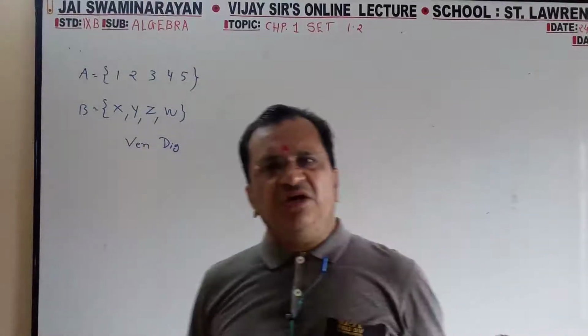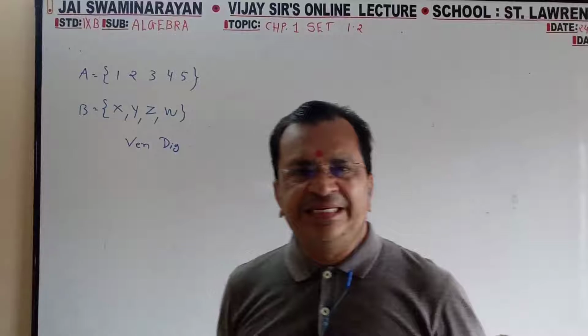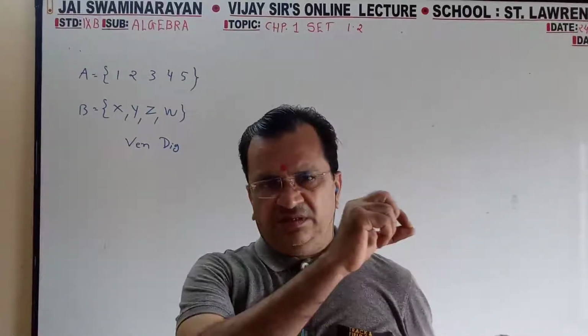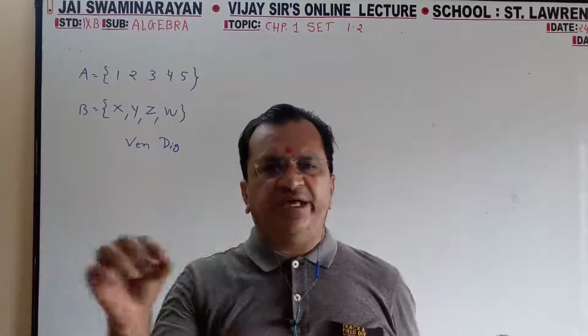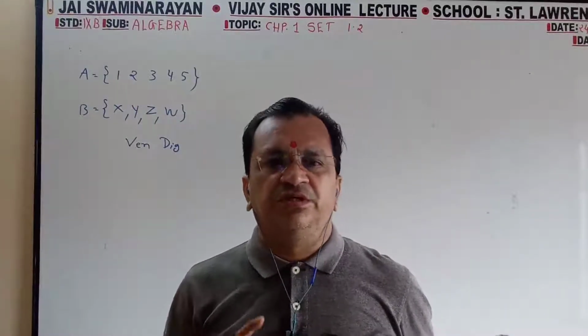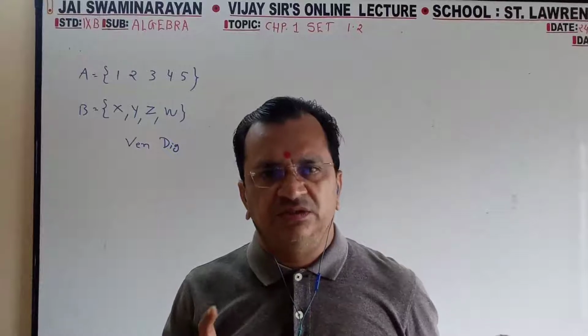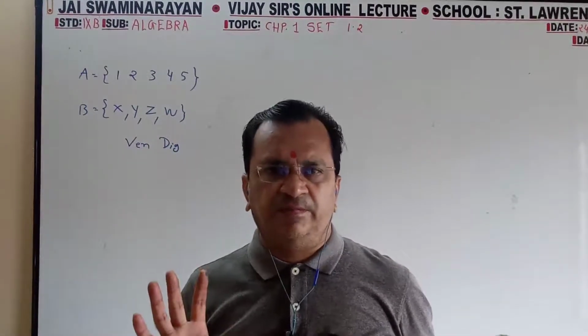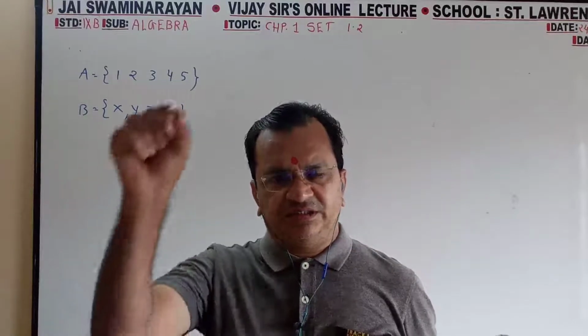What is the meaning of Venn diagram? It should be a closed geometric diagram. A segment is not closed, a ray is not closed, a line is not closed, an angle is also not closed. Triangle, circle, square, rectangle, these are closed, meaning the boundary is closed.